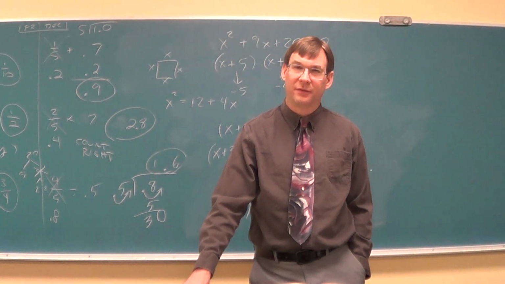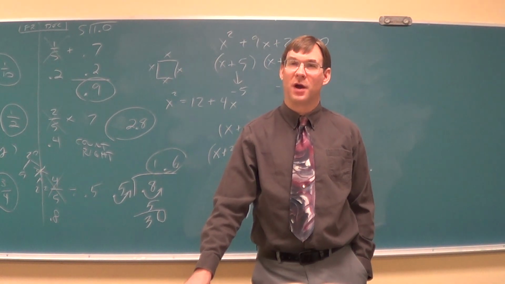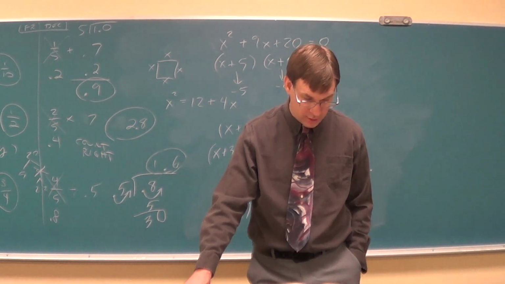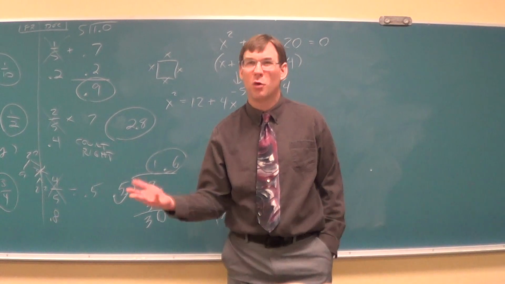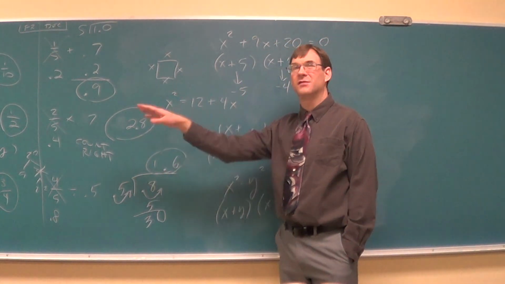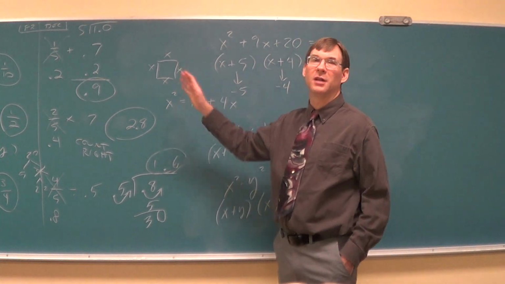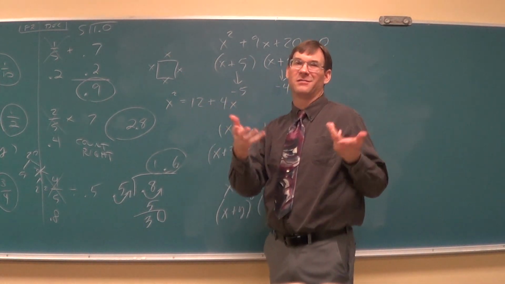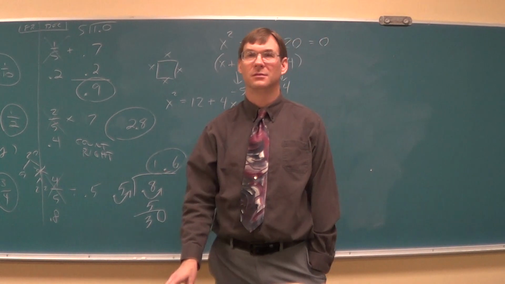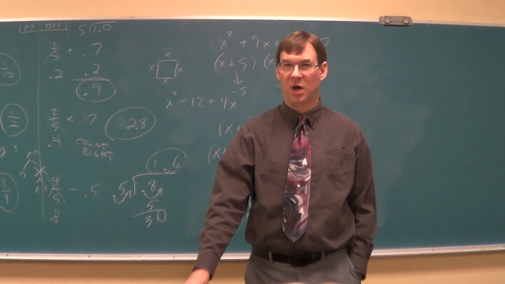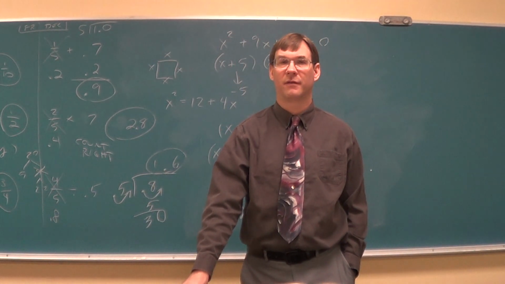Was one of them negative? Yeah. Okay, you can't have negative squares. So if we're doing a geometry kind of real world shape problem, negatives have to get thrown away. While that mathematically is probably true, it's just not realistic to say, hey, my square is negative whatever inches. So just keep the positive answer and ditch the negative.